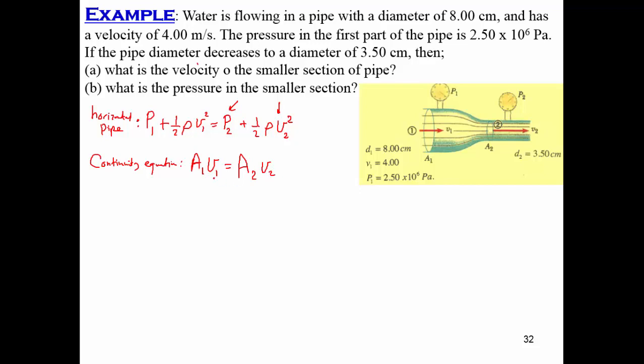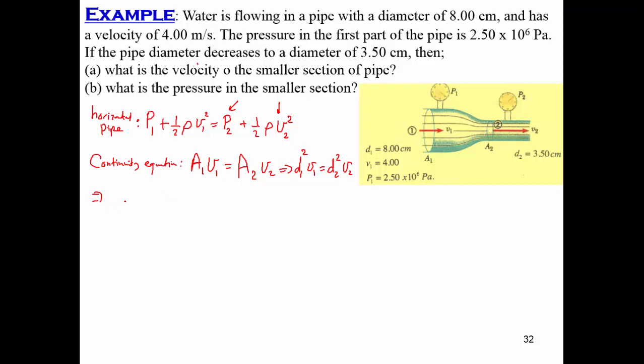And we know that this equation also can be written in another format, which is d1 squared instead of A1, where d1 is the diameter in the first region of the pipe, times v1 is equal to d2 squared times v2. And now we can go ahead and plug in the numbers.